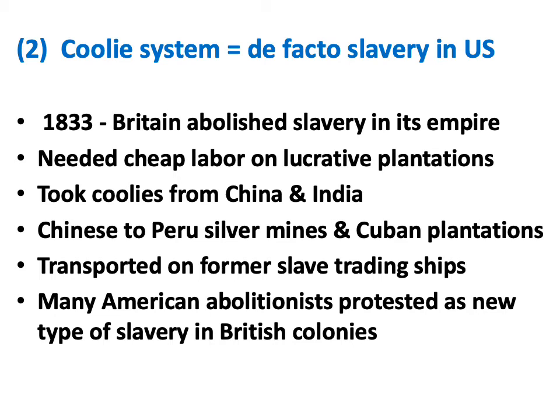So in our hemisphere, you had the Chinese taken to Peru, where they worked largely in the very wealthy silver mines, or along the coast on the plantations for cotton and some other crops. And then many Chinese went to Cuba for the lucrative plantations there. They were owned by British people.